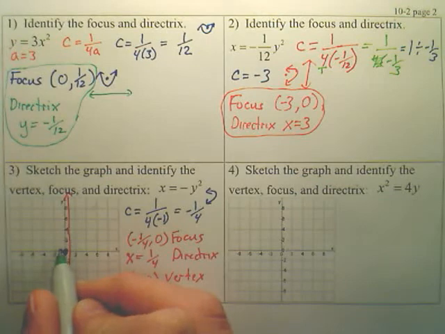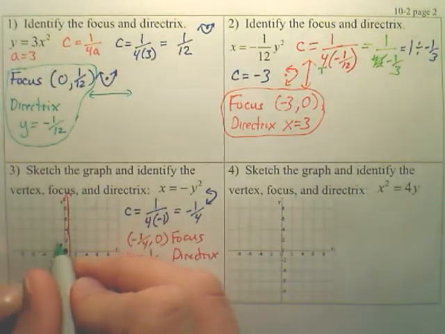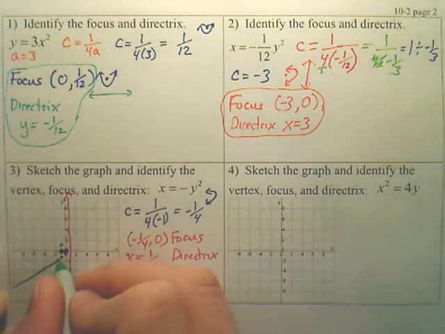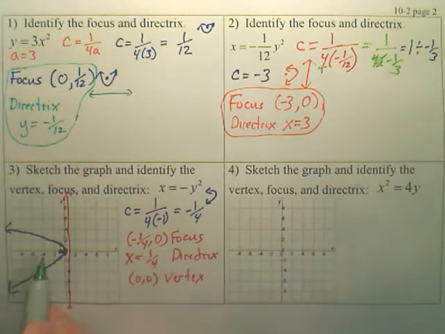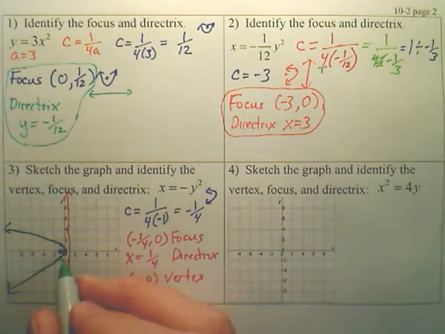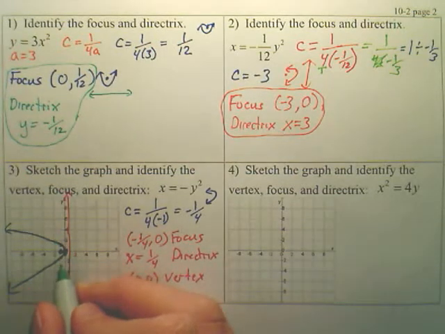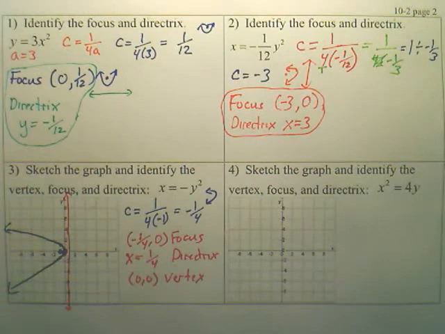From this focus, if you go double that, which is 1/2, if you go 1/2 up and 1/2 down, you can get a basic sketch. It'll make more sense once we do the one over here. Since the focus is 1/4 over, you double that and go straight up and down from the focus, and that'll give you 2 points, and from there you can get a quick sketch. Hopefully the next one will be a little bit easier to see.